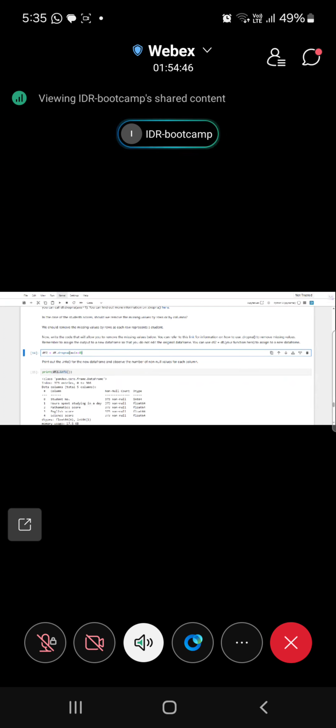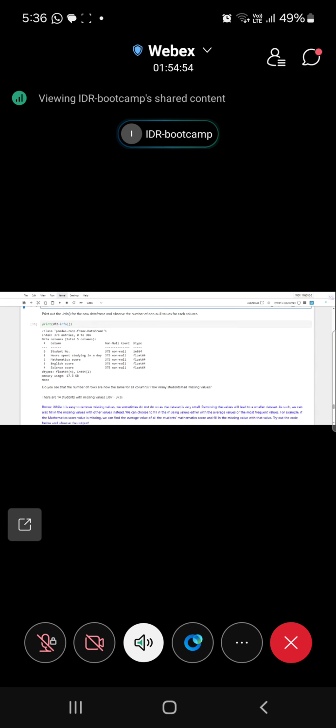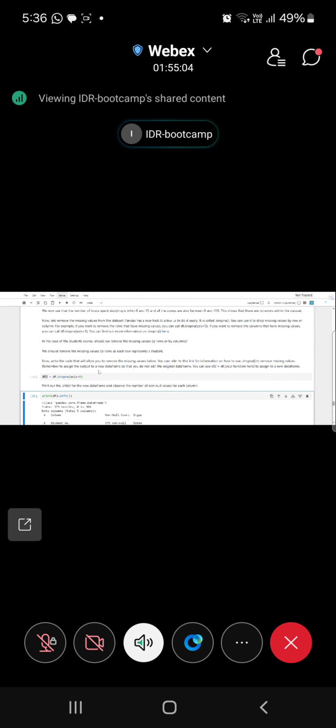Once you have run this code and printed the variable to get the information, you will see that the information for all the rows is now similar.